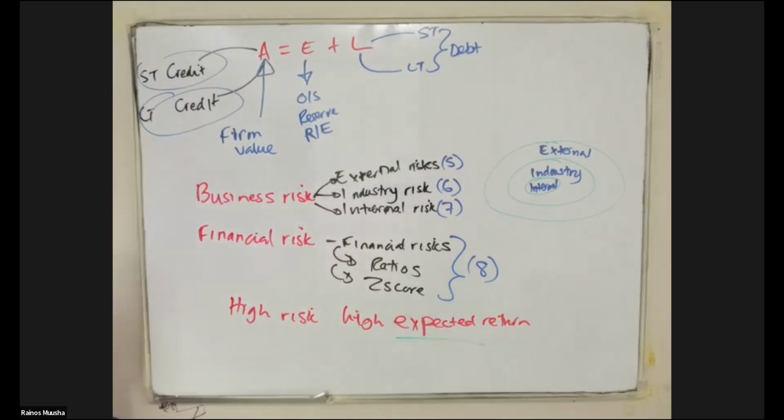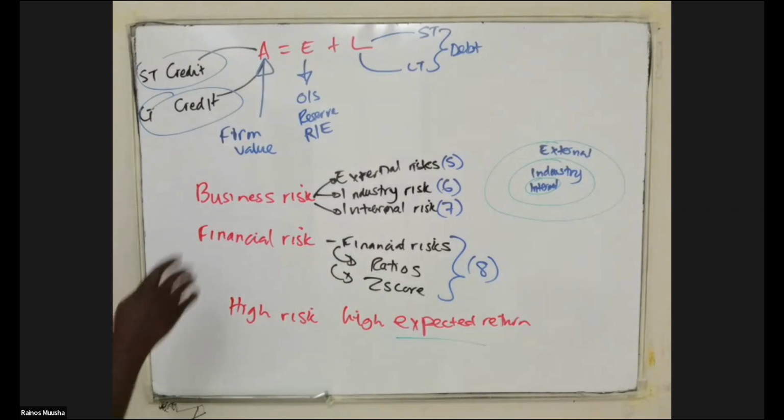So for a rational investor, the more risk they take, the higher the expected returns. So in pursuit of maximizing shareholder value, if you're going to be investing in high risk credit assets, the reason why you're doing that is mainly because you are also expecting what? A higher return from those credit assets.